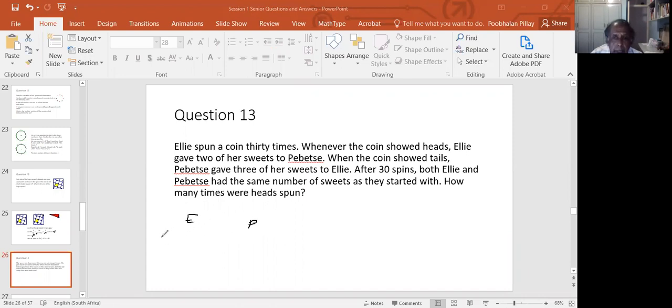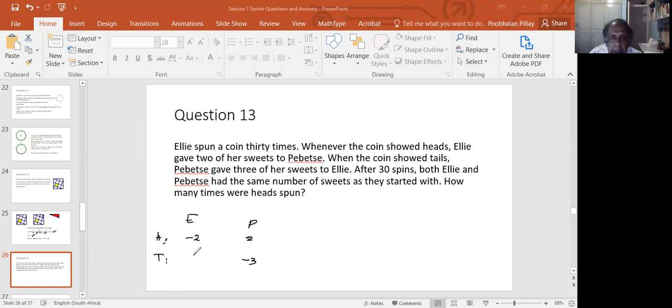Okay. So whenever the coin shows heads, Ellie gave 2 of her sweets to Pabetse. So she lost 2 sweets, while Pabetse gained 2 sweets. If you continue to read, when the coin showed tails, Pabetse gave 3 of her sweets to Ellie, so Pabetse lost out.